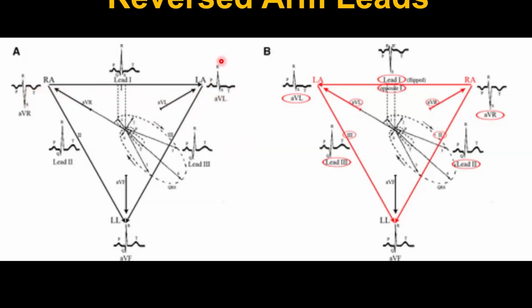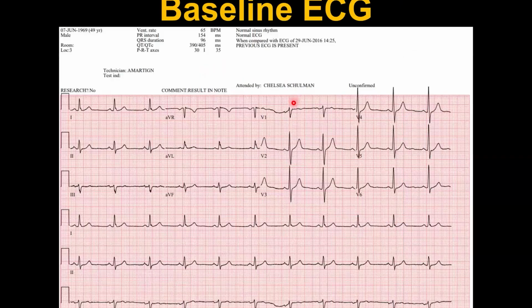So normally the left arm looks like this and the right arm looks like this. But if you reverse arm leads, those are just the opposite. And when we redid the cardiogram, we found that his axis is absolutely normal. So the previous ECG was due to reversed arm leads, which is the commonest cause of that sort of thing.